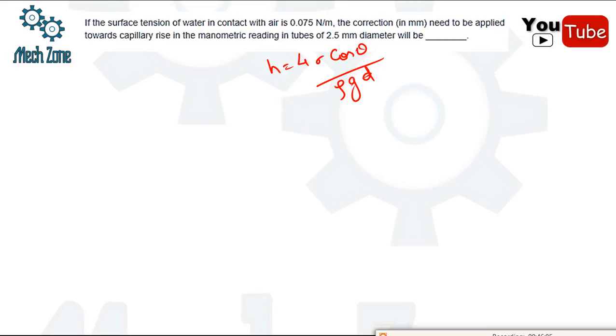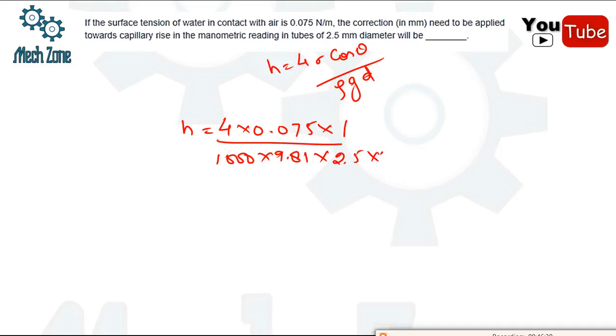Here we will substitute the values that we already know. So h would be 4 into sigma, given as 0.075, cos theta would be 1 because it is for water, upon rho is 1000, g is 9.81, and diameter will be 2.5 into 10 to the power minus 3 meter.